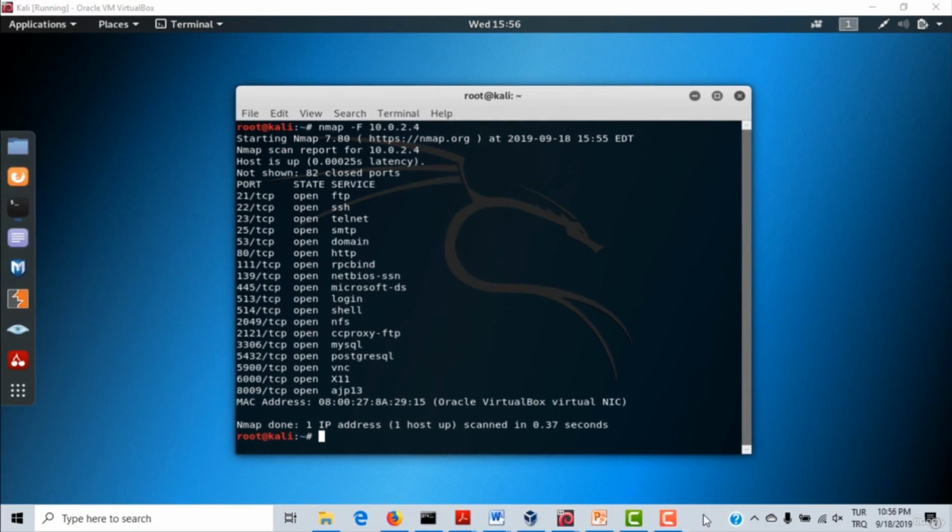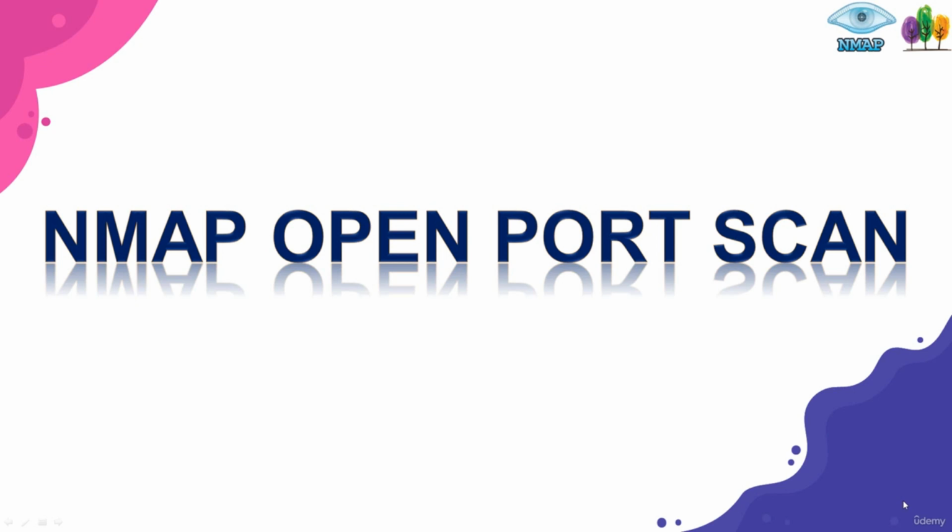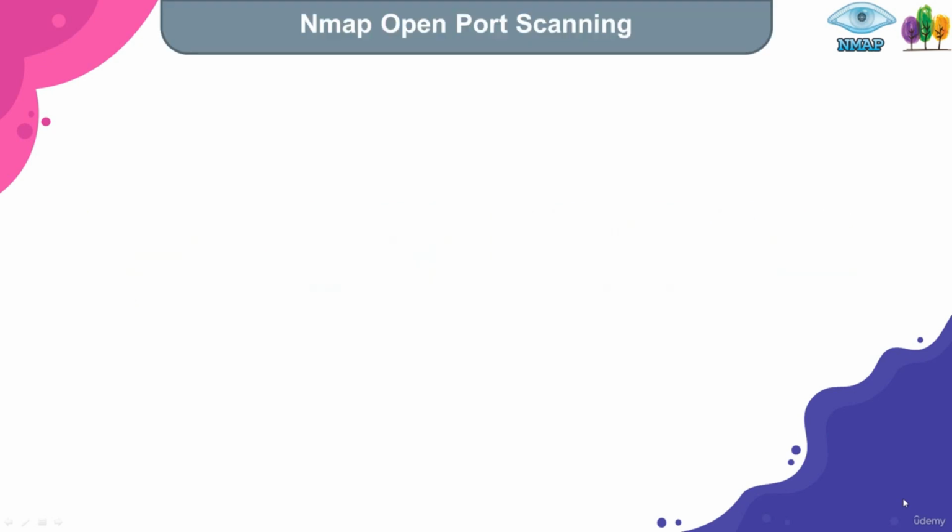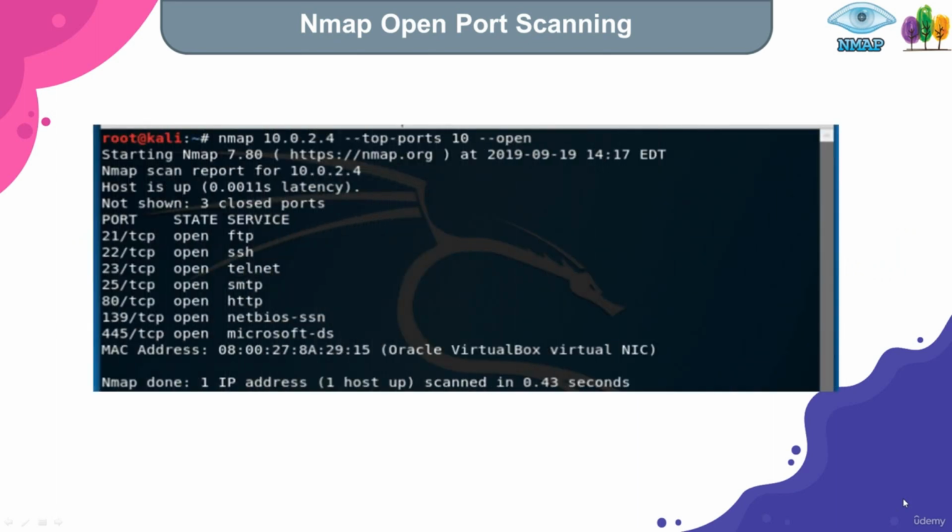Nmap open port scanning: nmap target IP command --open. In scanning ports with Nmap, Nmap will scan and list all of the ports that you specify, whatever you desire. It will also specify whether the port is open or closed when it lists your results.